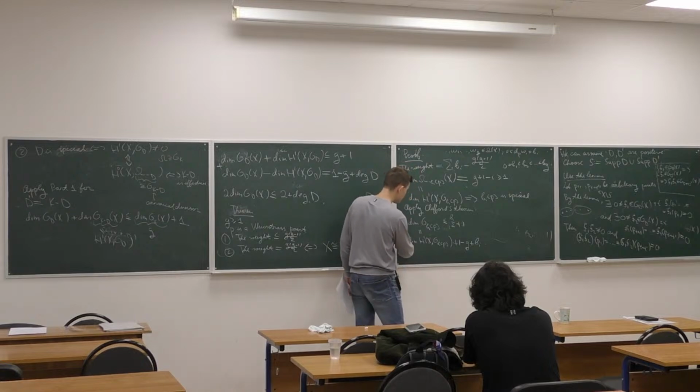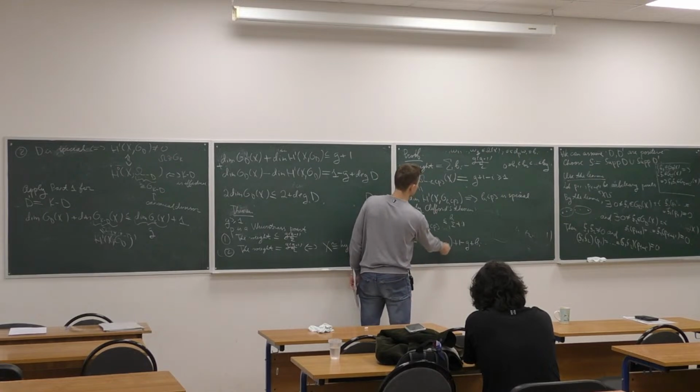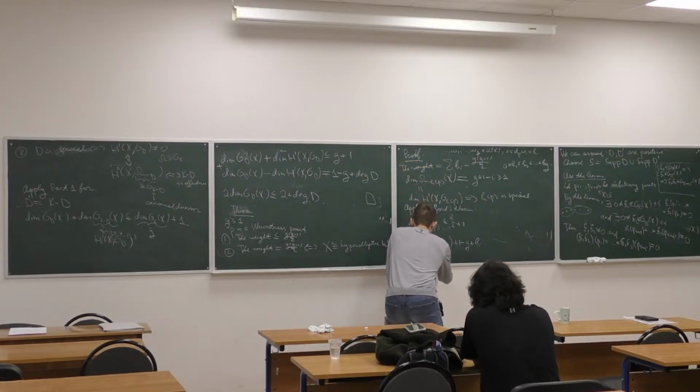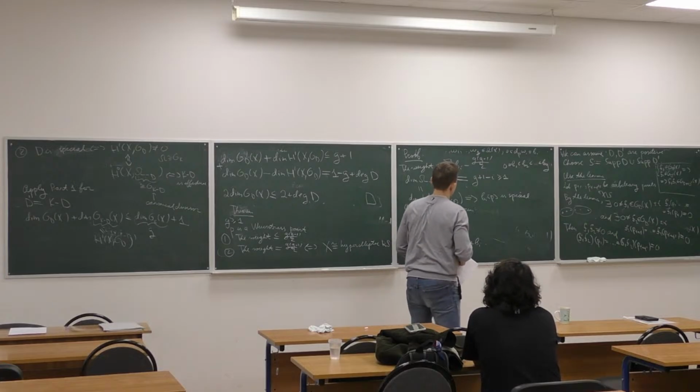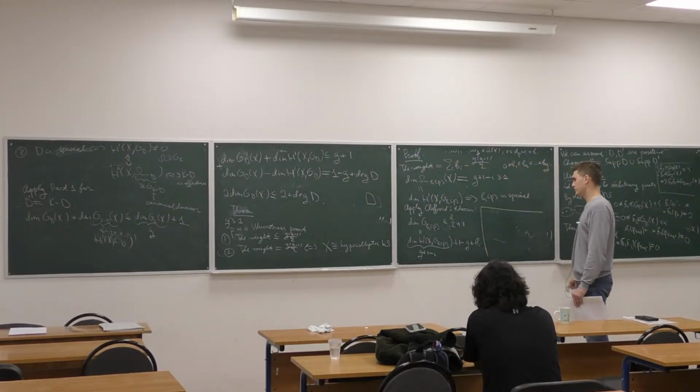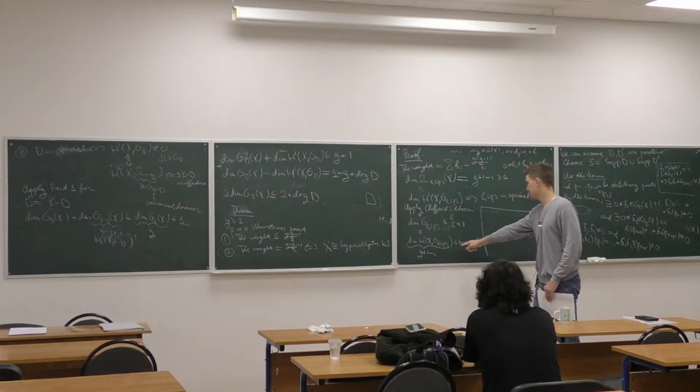But this we already know, this is g plus 1 minus i. You substitute here, and the g's cancel each other.